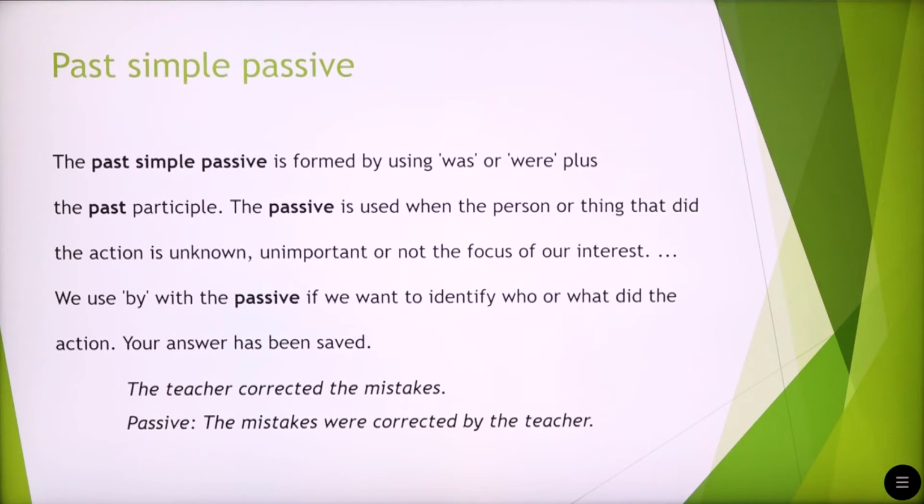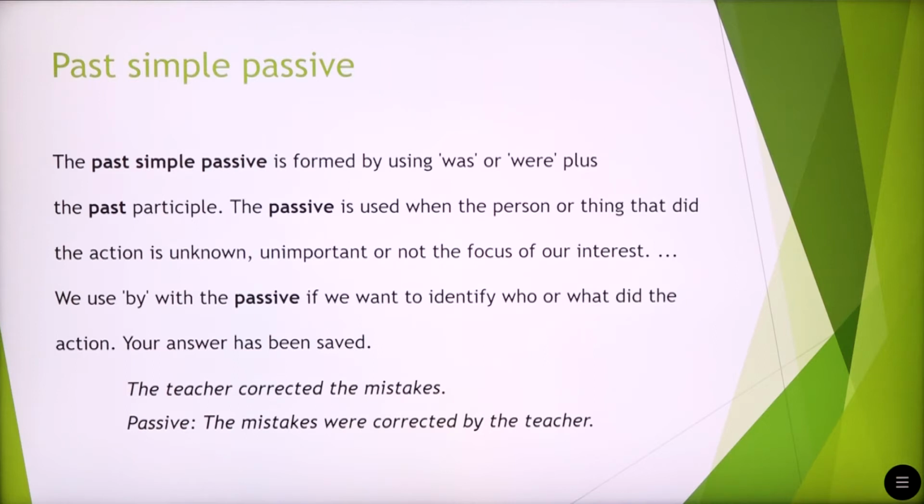So we can see here two examples of active and passive voice in past simple. The teacher corrected the mistake. In this case, the teacher is the subject, so we are dealing with the active voice here. The mistakes were corrected by the teacher.